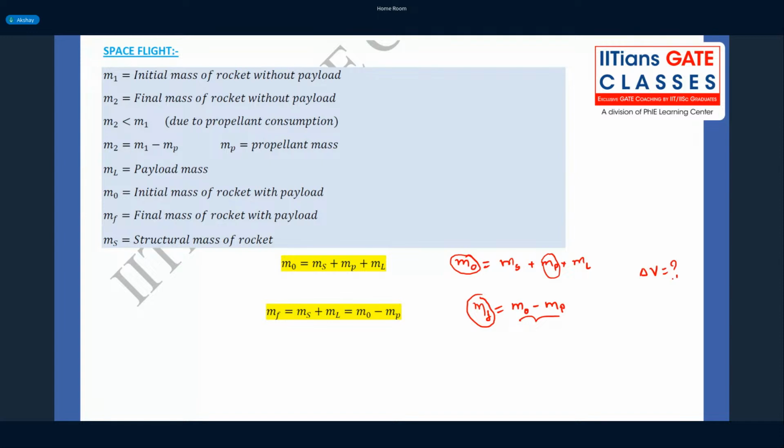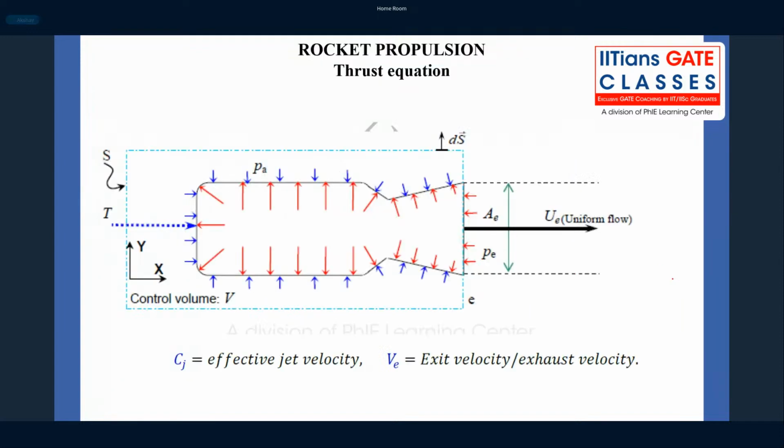Now the usual syllabus starts with the calculation of thrust from a rocket. That involves a derivation. Systematically, what we do in our regular sessions is take the control volume, then do a volume analysis on this moving control volume system, and then we obtain the thrust equation.